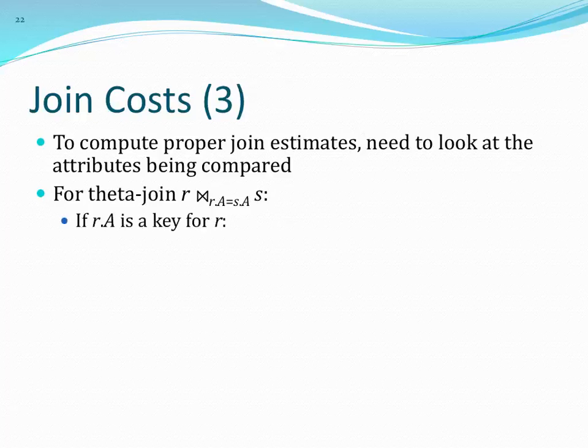If R.A is a key for R, what's the maximum number of rows that this theta join will produce? The minimum of R.A and S.A? We can constrain this better than that. That's a good start.